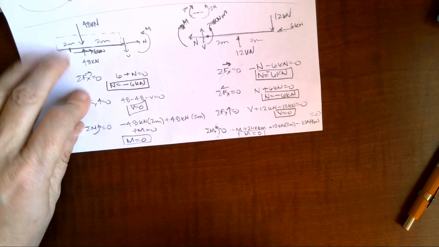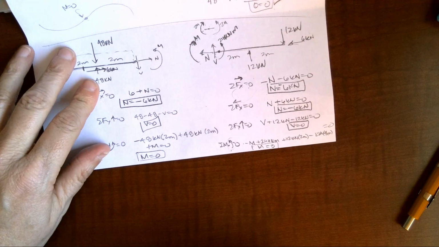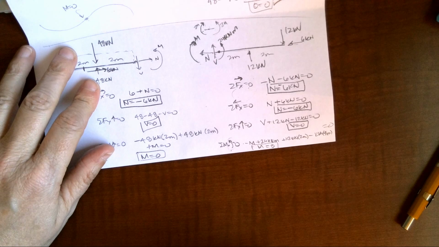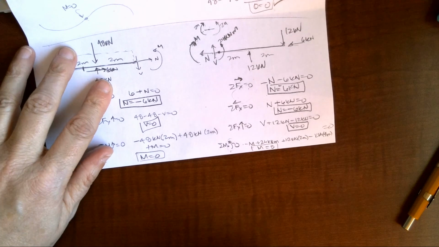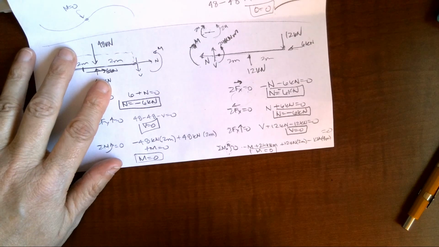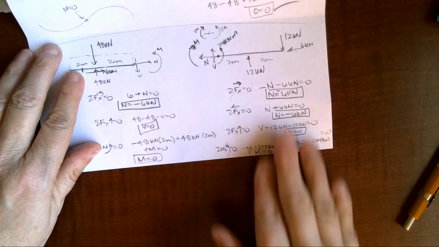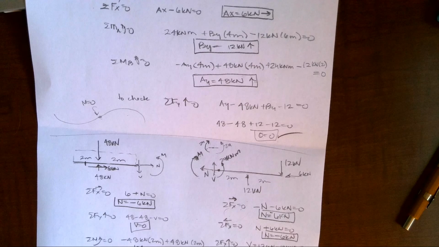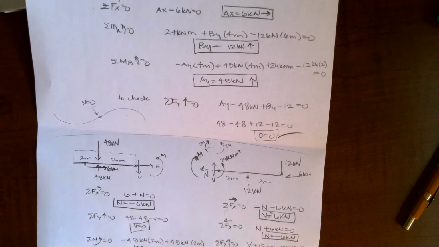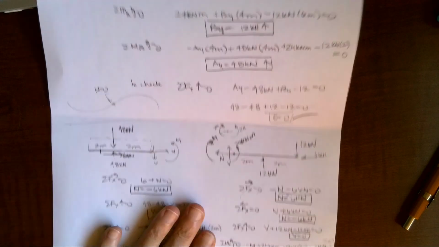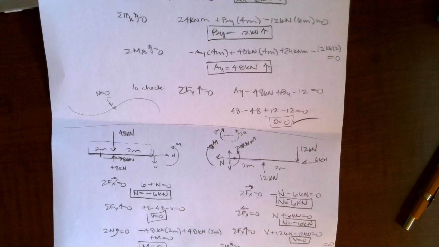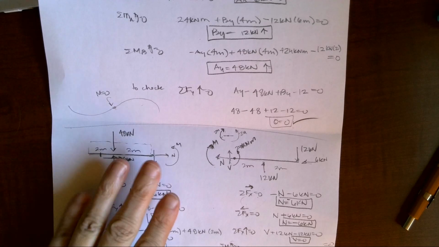So if you guys need extra practice, if you don't feel like you're picking this up quickly enough, or you feel like you're still very slow in drawing free body diagrams and writing equations, at this point you should be pretty comfortable with drawing free body diagrams and writing equations. And if you feel like you're really still struggling in being quick and precise, then work these problems both from the left and from the right.